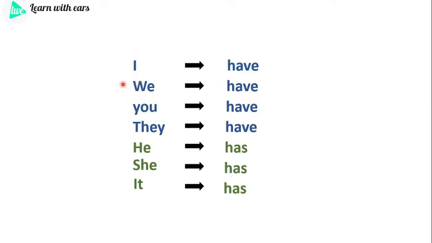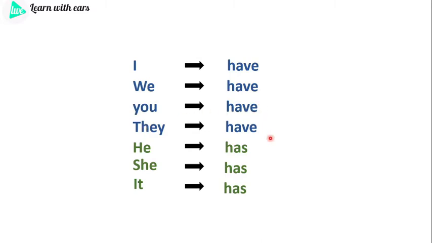So here these are subject pronouns. I, we, you, they. These are plural, and he, she, it. These are singular. Okay? With I we use have. With we we use have. You have.